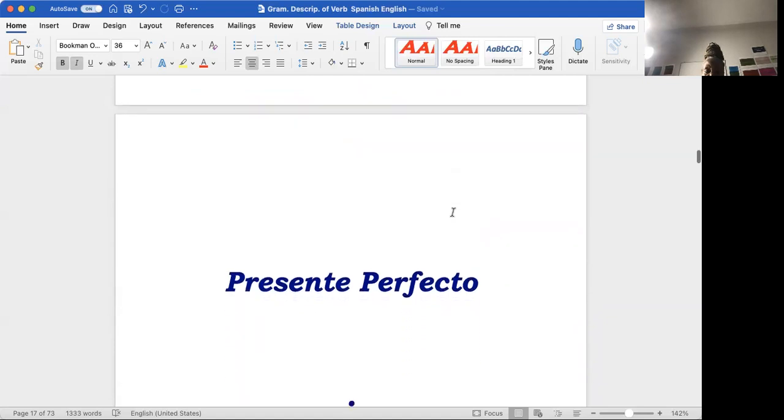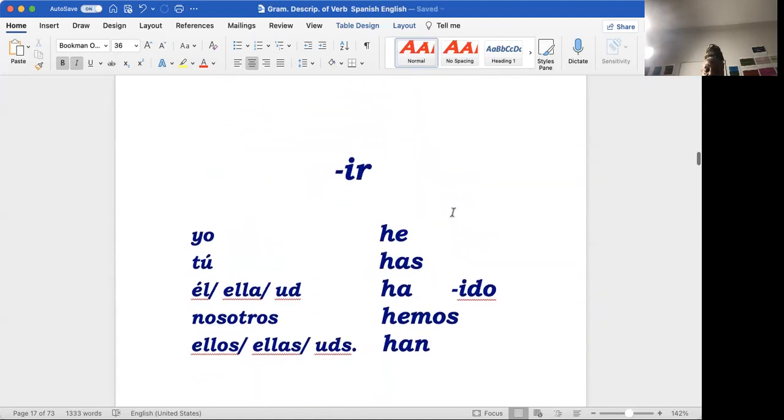Now we're talking about the presente perfecto, but with verbs that end in IR. You still have the he, has, ha, hemos, han. That's the haber part. That's I have, you have, we have, they have, he, she, it has. Okay, that's that part. Then the main verb has to end in IR.